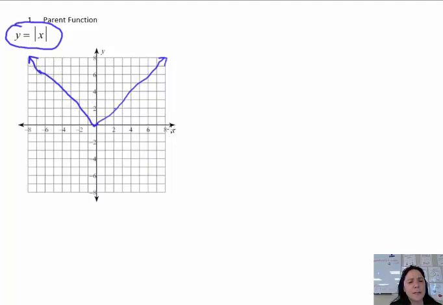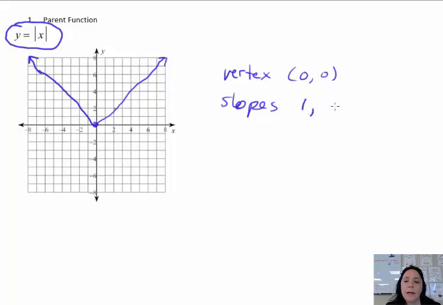So that's our parent function, which we could consider as a piecewise function with a vertex at 0, 0, and slopes, in plural, because we have one slope to the left of 0 and one slope to the right of 0, of 1 and -1. And that becomes important as we look at our transforms.